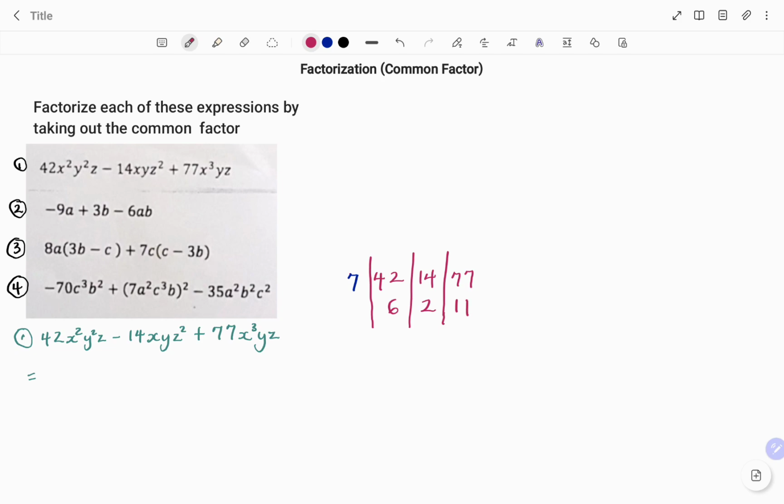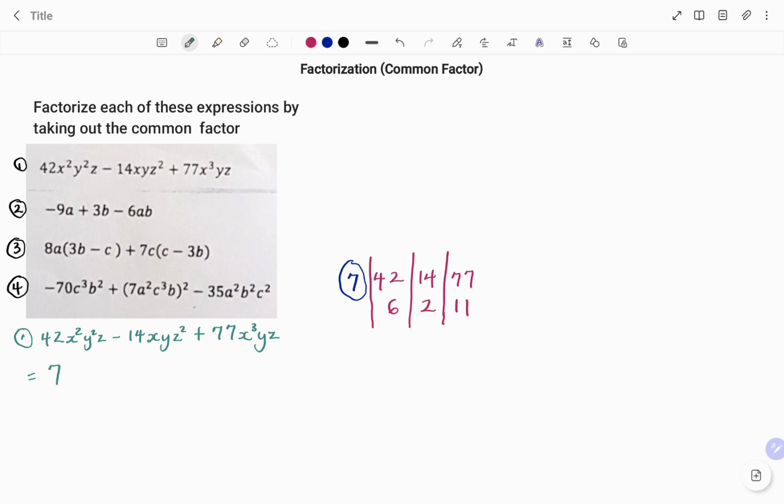If you check the answers, we don't have any factor that is common except 1. Therefore, 7 will be our highest common factor for the three numbers. That means we have 7 as a common factor.